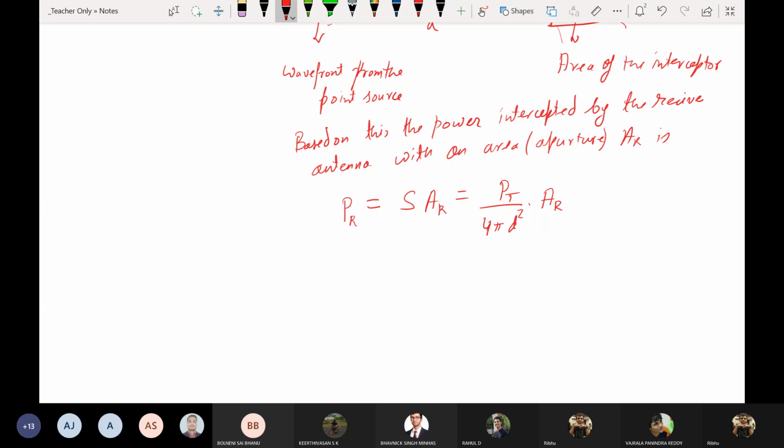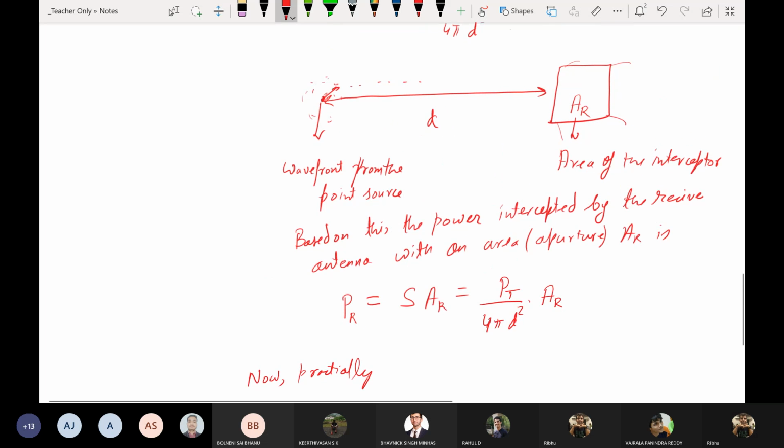Right? Now, practically, what is happening is that we have an antenna here that we want to receive, but in all the other directions we are actually wasting the power. Power is getting wasted, right?